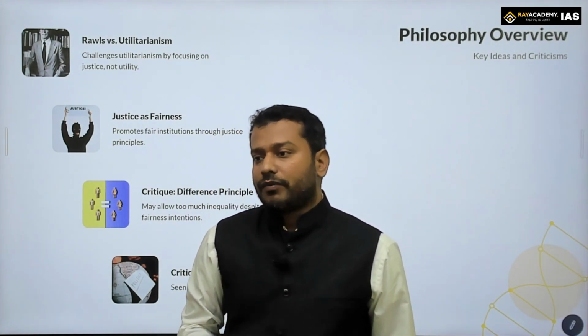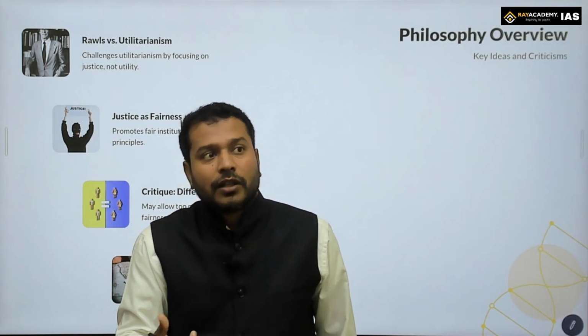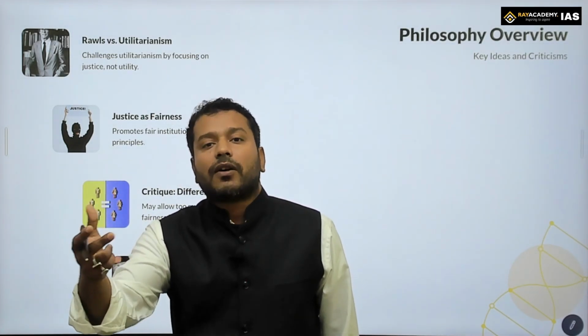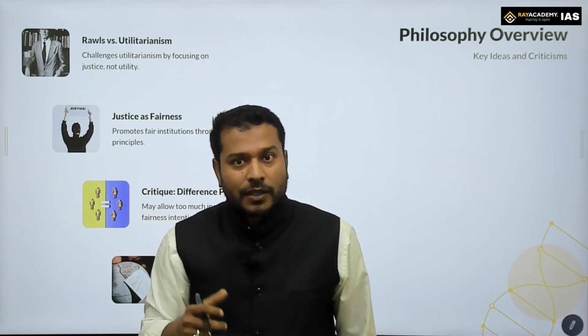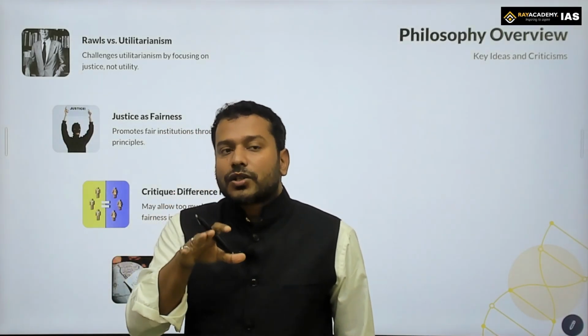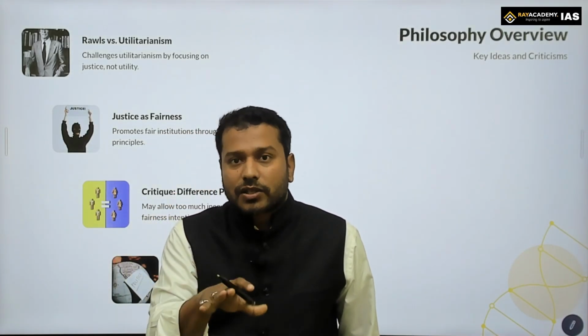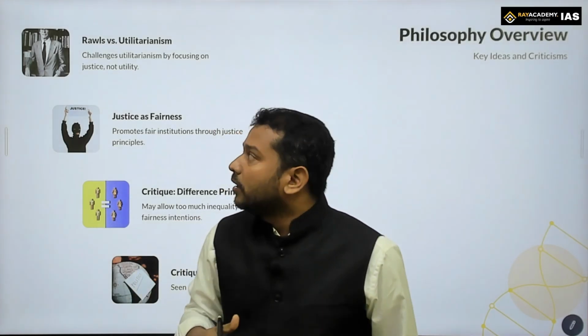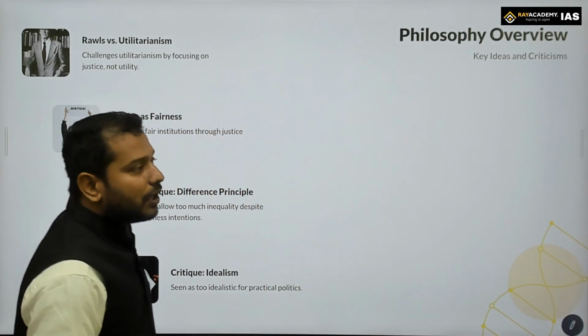For example, if you try to buy a product or a service, you think about the utility of having that particular product. But here John Rawls is saying that we must serve the society based on justice, not just based on utility. So here is one of the criticisms, Rawls versus utilitarianism.